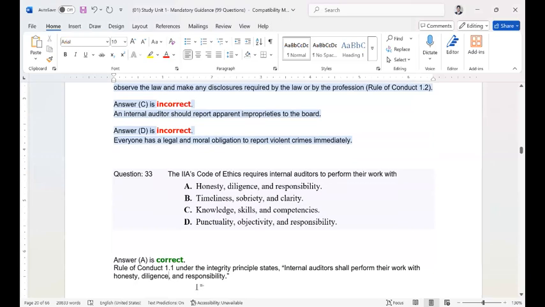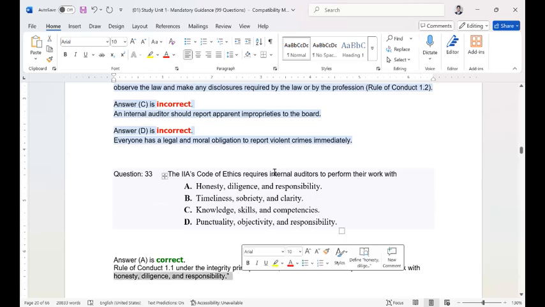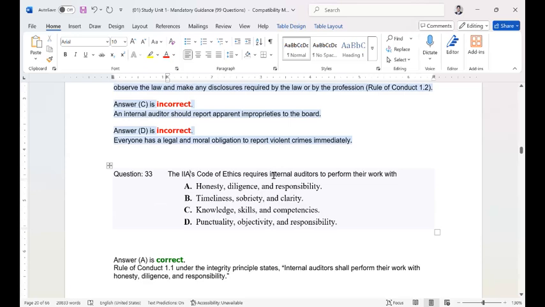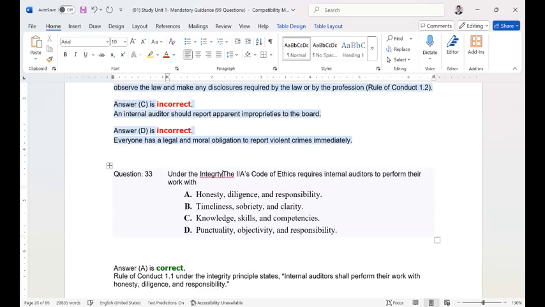A. Under the integrity principle, internal auditors shall perform their work with honesty, diligence, and responsibility. It would have been nice in this question if they had mentioned under the integrity principle in the code of ethics, the requirement that internal auditors perform their work.